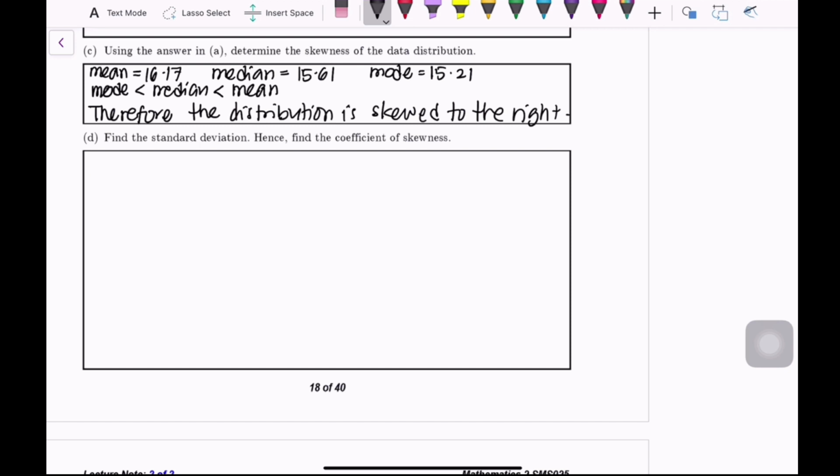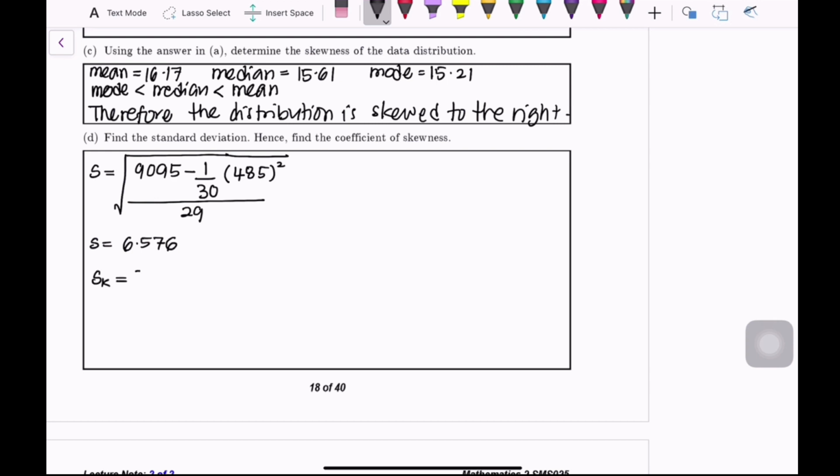First, we look at the table from A. To determine the standard deviation, S is equal to the square root of the sum of fx squared, which is 9095, minus 1 over n, which is 1 over 30, times the sum of fx, 485, squared, all over n minus 1, which is 29. So the standard deviation is 6.576.